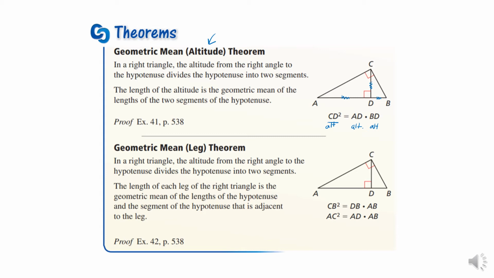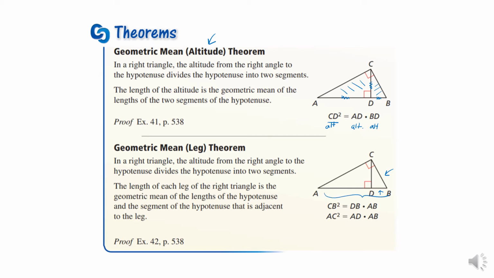This one is part of both triangles. I'm going to teach you a different way to look at it in a minute, but just look at what parts of each triangle. So we're talking about the little triangle and the medium triangle in this case, but it can be applied to all of them. The geometric mean leg theorem is when you use the legs. So we've got CB squared, that's this one, and it equals DB, that's this one, and AB, that's this whole one.